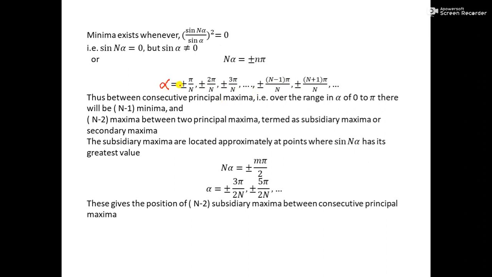So alpha equal to 0 and alpha equal to pi are the positions of principal maxima. In between, these are the positions of minima. So we have 1, 2, 3, 4 up to N minus 1 minima between consecutive principal maxima, in the range in alpha of 0 to pi.